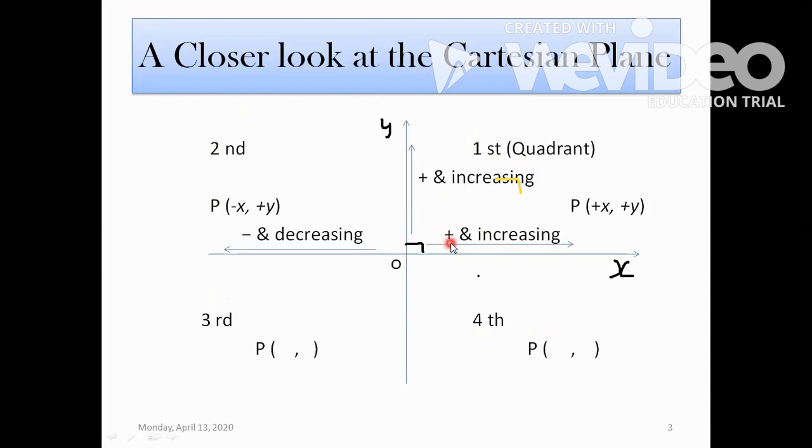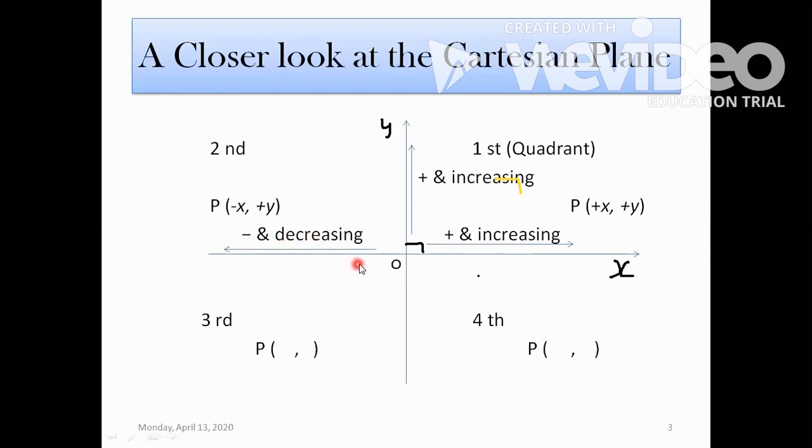Now, let us look at the horizontal axis. Over here, this arrow here is going to the right. Now, these values, they are positive and increasing. So like you have 1, 2, 3, 4, 5, 10, 20, 30, 40, 50, etc. However, going along here, these x values or x coordinates will be negative and decreasing.